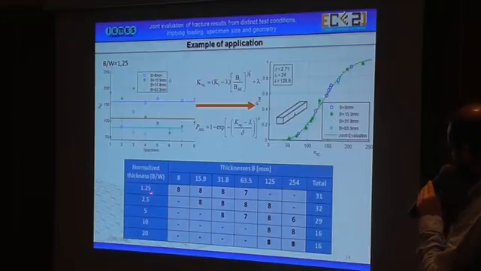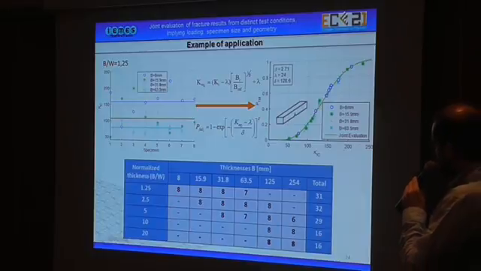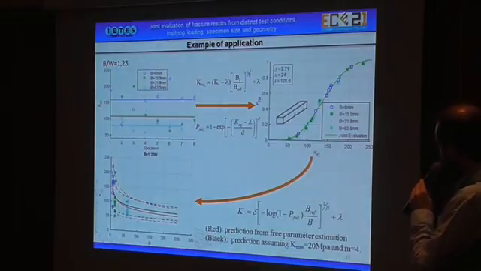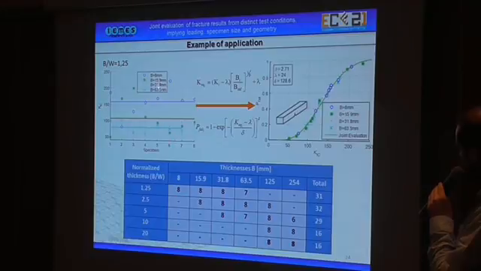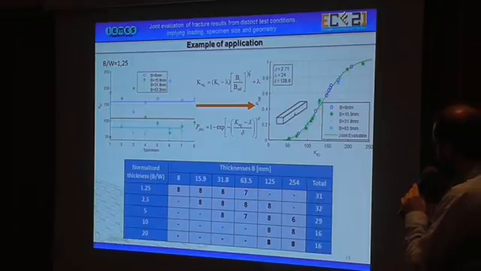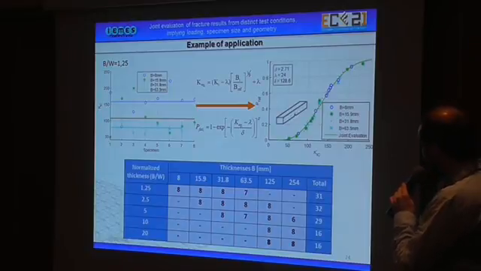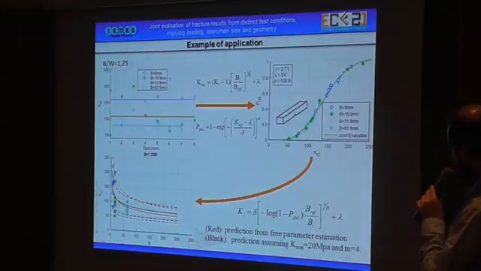We have more or less 8 experiments for each thickness and each aspect ratio. Starting with the first aspect ratio, we have here the experimental results for the stress intensity factor. And as you can see, the stress intensity factor decreases with the thickness, obviously.